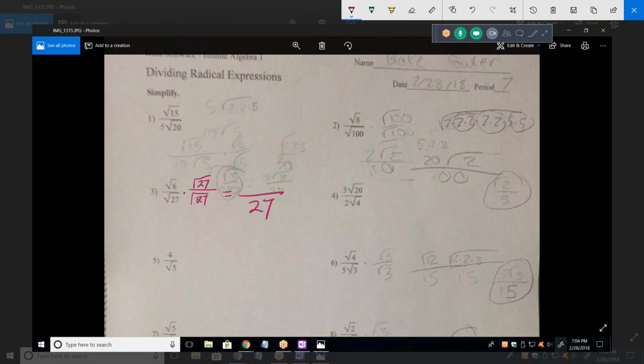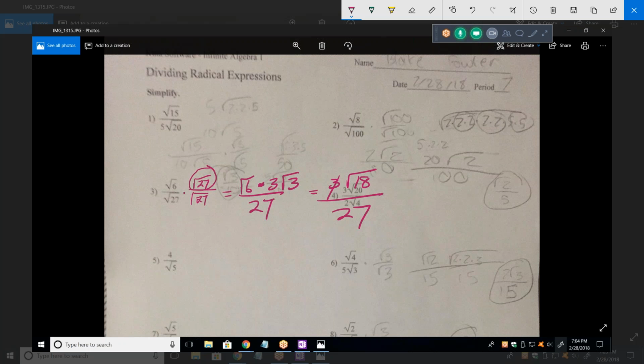Well, let's see. I can simplify the top a little bit. In other words, I can simplify that. That is 3 root 3, right? So now the top is root 6 times 3 root 3. And then it's 3 root 18. Correct. 3 root 18 divided by 27.